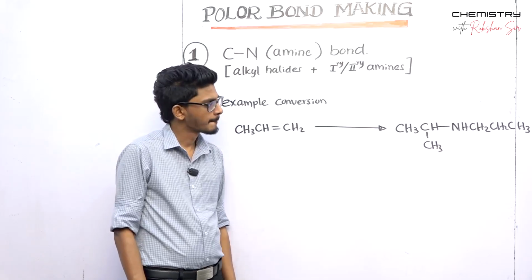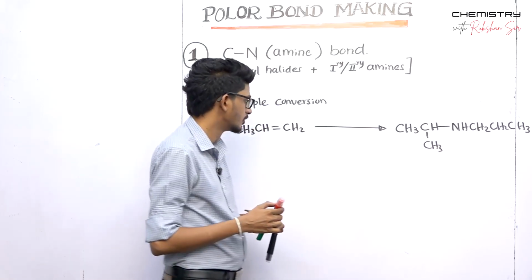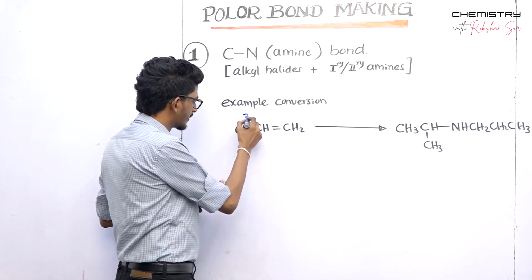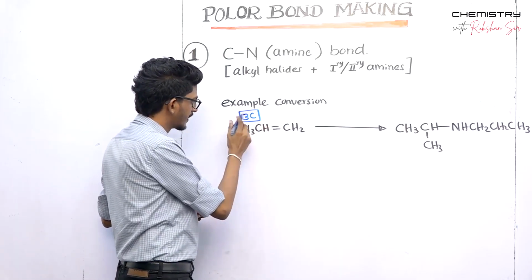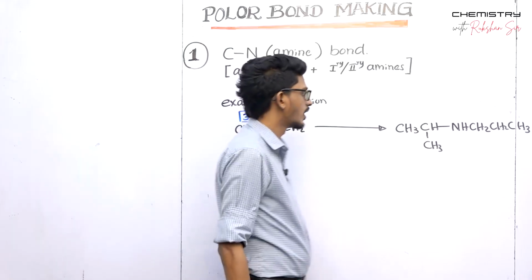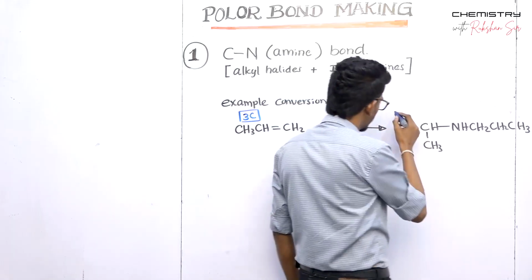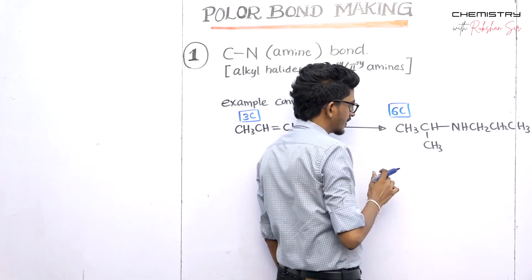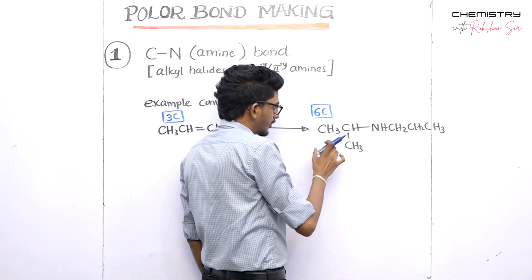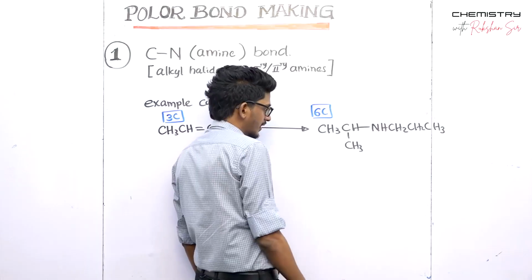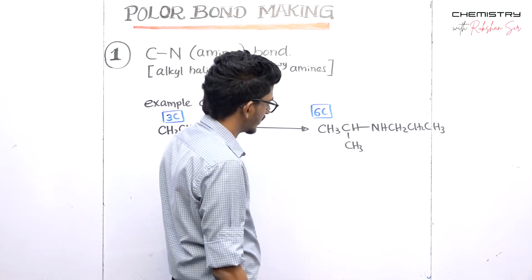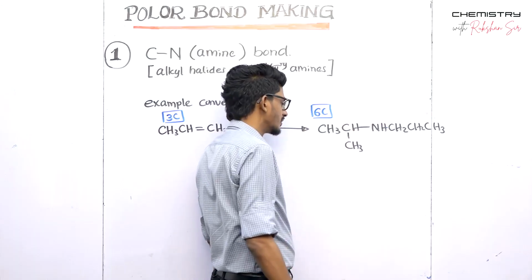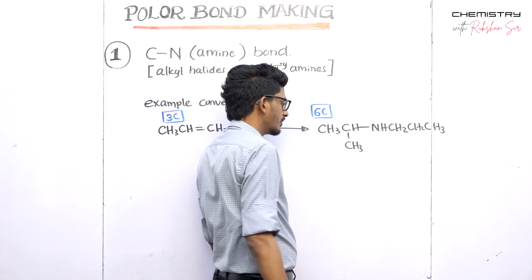First of all, analyze the two compounds. Here you have a 3-carbon compound, and here you have a kind of 6-carbon compound. It is not just carbon-carbon bonds that are connected. You can clearly see a polar bond, the carbon-nitrogen bond, appearing in your final compound.